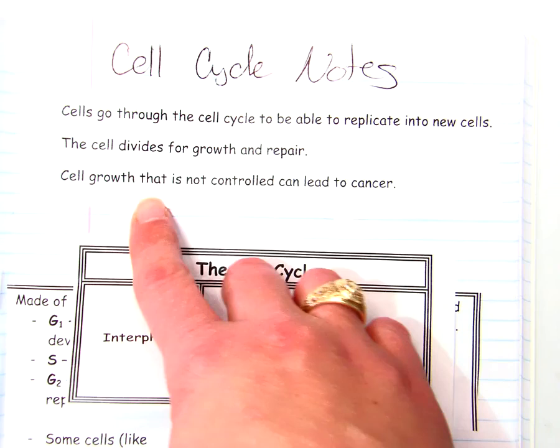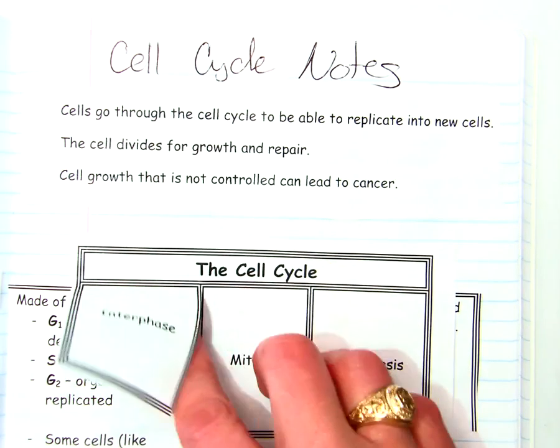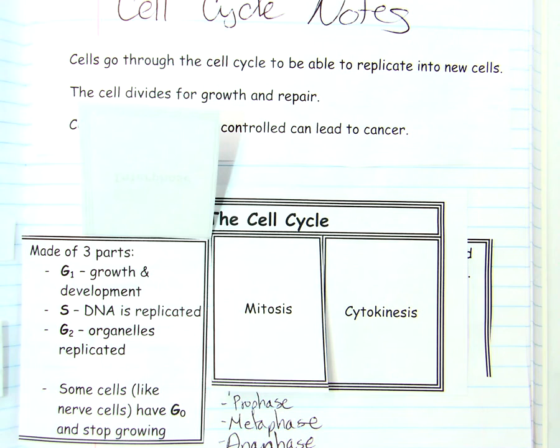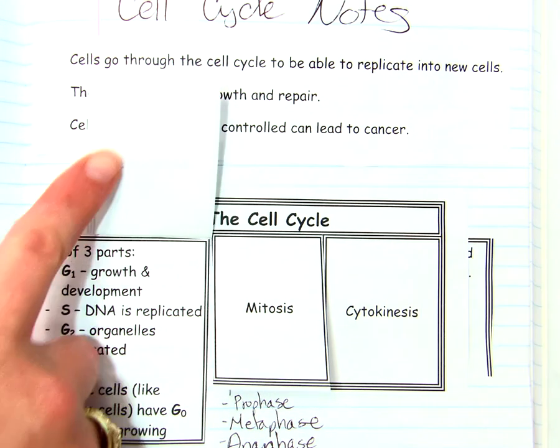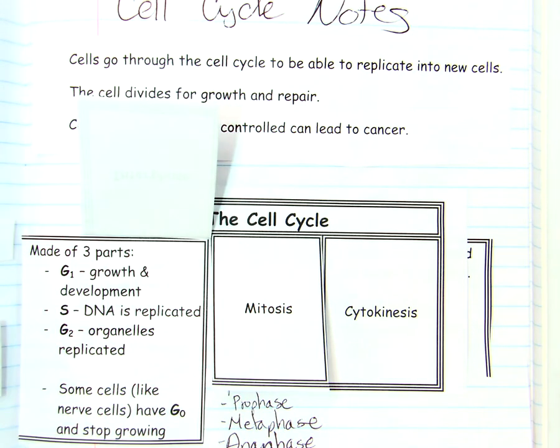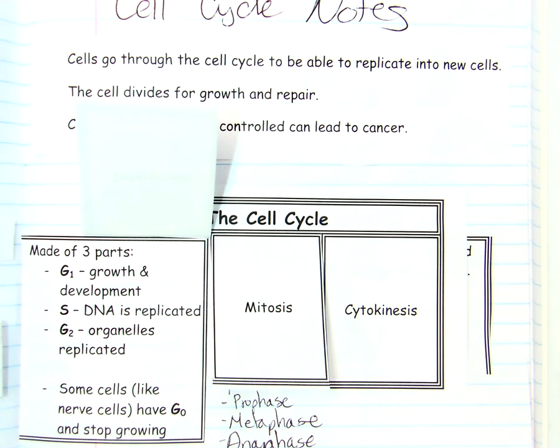Is everybody done with the top part? If you need to write on your flap to have enough space because there's more information than fits, that's fine. So interphase has 3 parts.